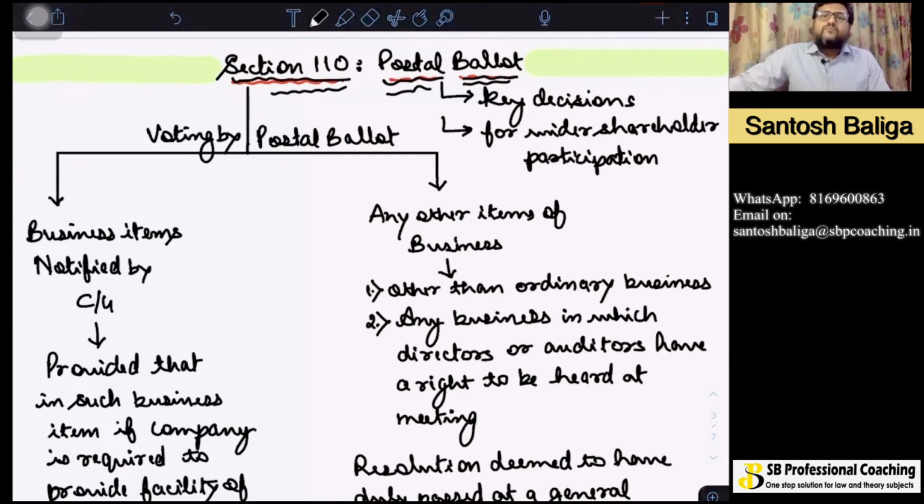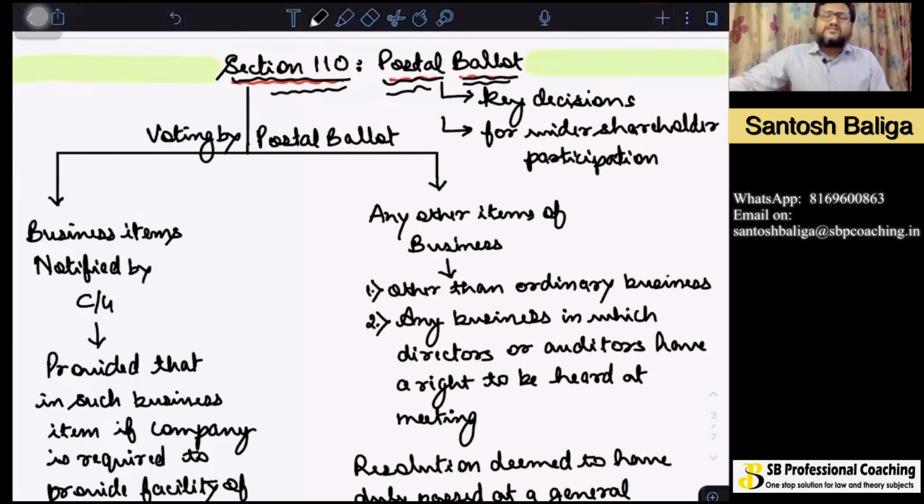Once the assent and dissent of the shareholders are received at the registered office, it will be counted and the result will be declared. This is how a resolution will be either passed or not passed. I hope you have understood this introduction of postal ballot. This is the macro view of the postal ballot process.